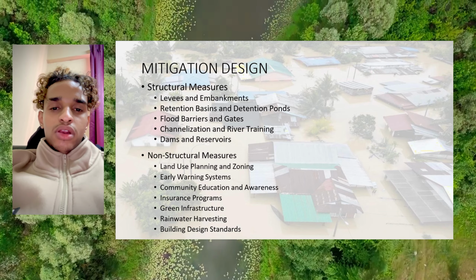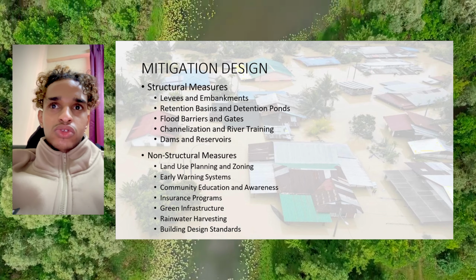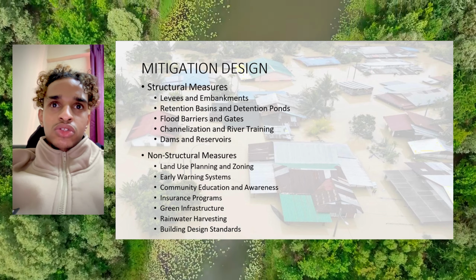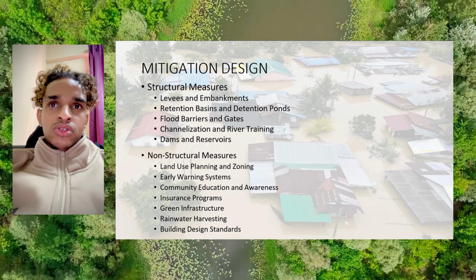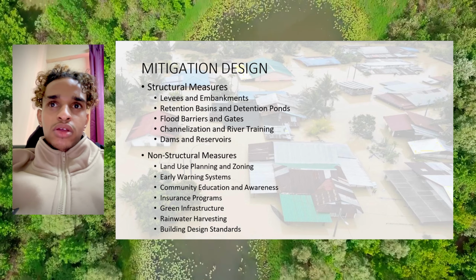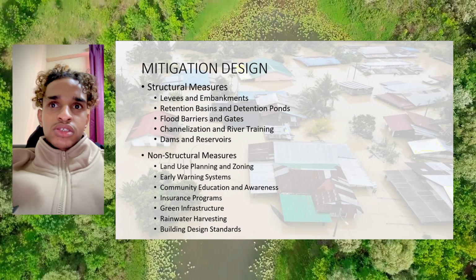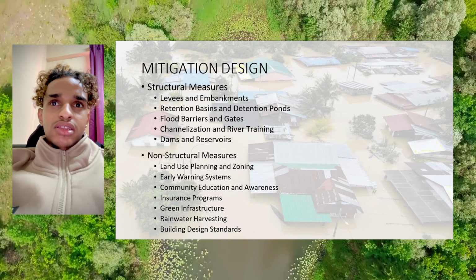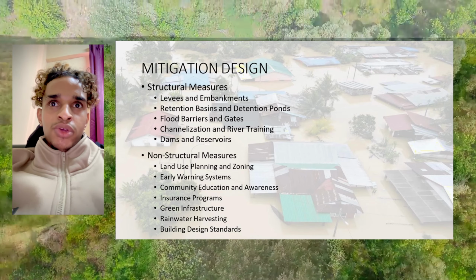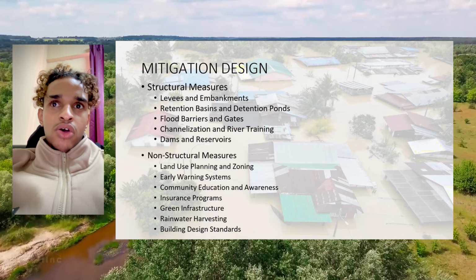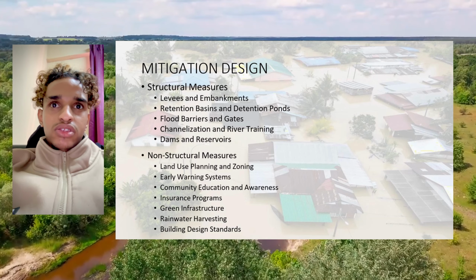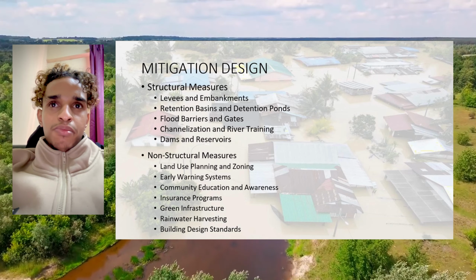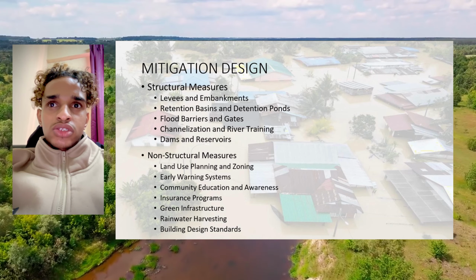In both urban and rural areas, land use planning is an essential tool for controlling and reducing the risk of flooding. Early warning systems are really important because they provide timely and accurate information to communities and authorities to take preventive action and minimize the impacts of floods.